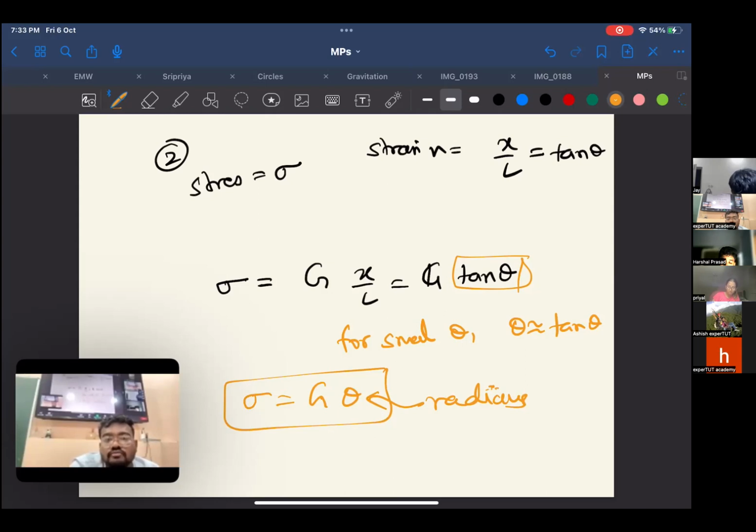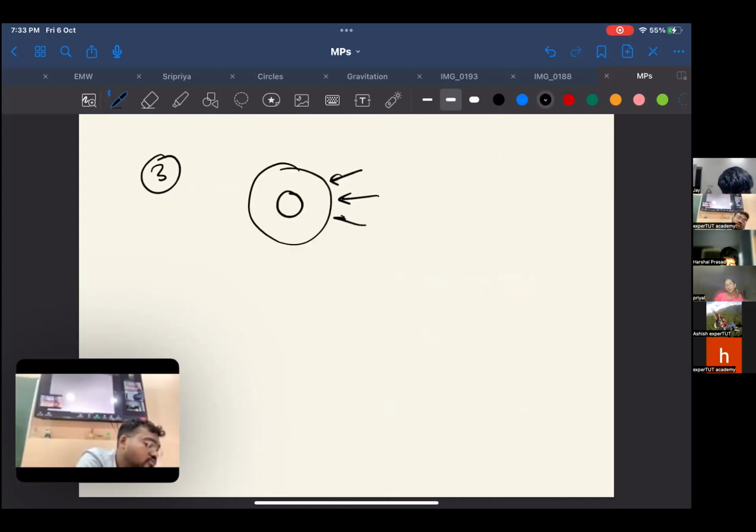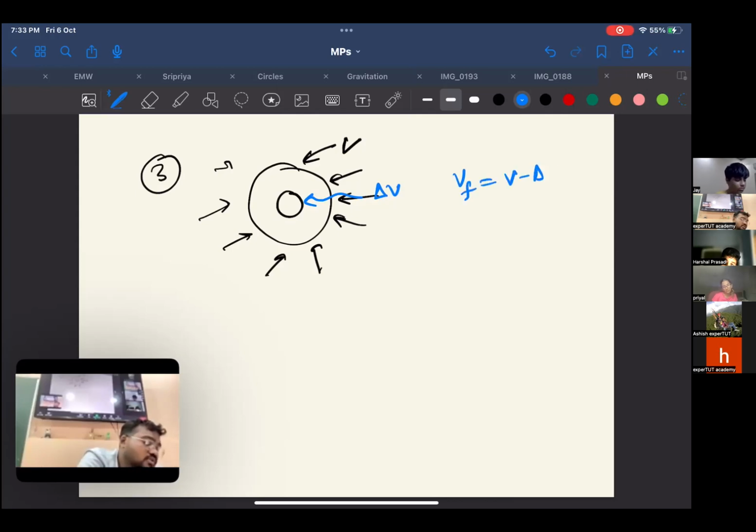Okay? Just now, the next is bulk modulus. So see, if you have, let's say, in water, you are applying pressure to a drop or bubble, okay, and what happens is from its original volume V, its volume decreased by delta V. So the new volume V final will be V minus delta V, and V initial is how much?